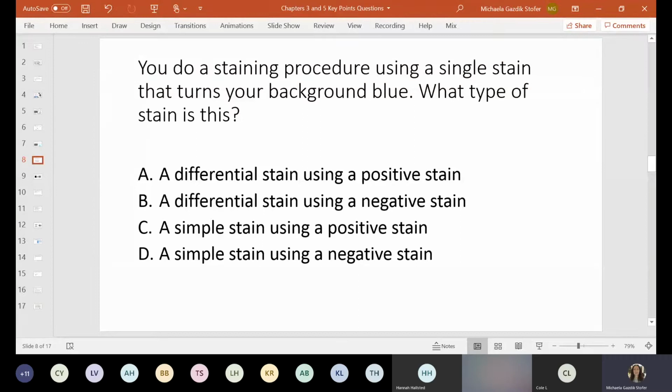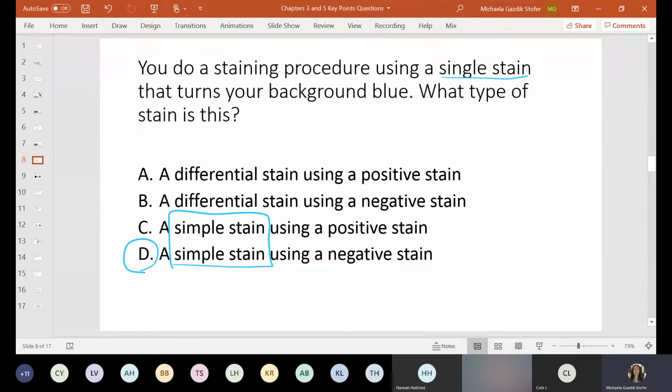Okay, so if you do a staining procedure using a single stain that turns your background blue, what type of stain is this? Is it a differential stain using a positive stain, a differential stain using a negative stain, a simple stain with a positive stain, or a simple stain with a negative stain? So the answer to this question is going to be D. We used a single stain, which tells us that this was a simple stain.